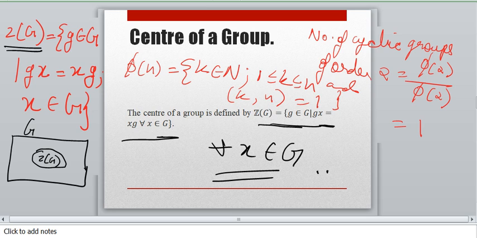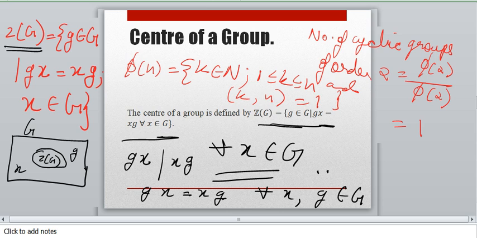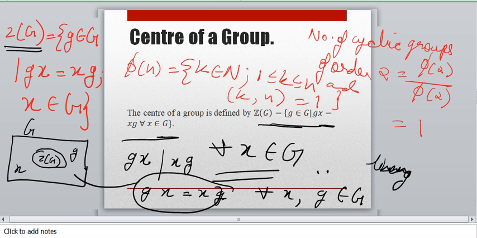So if we can take any g and any x, and then we multiply g into x, and then we do x into g, and we get gx is equal to xg, such that for all x comma g belonging to the group G, then if this is inside this Z(G), then Z(G) is called the center of the group. Then this Z(G) is the center.